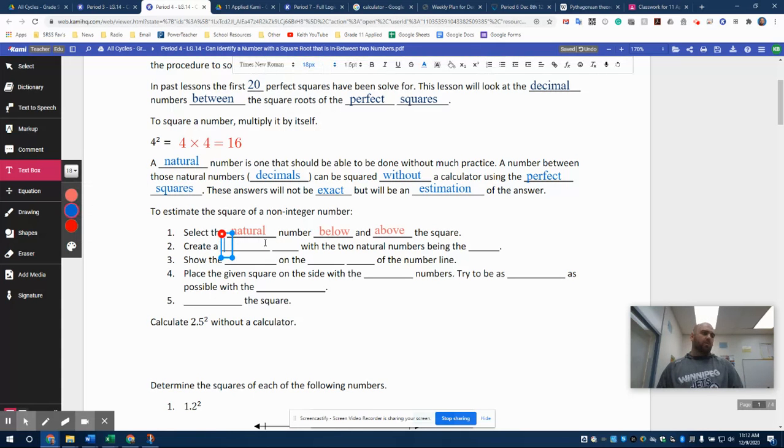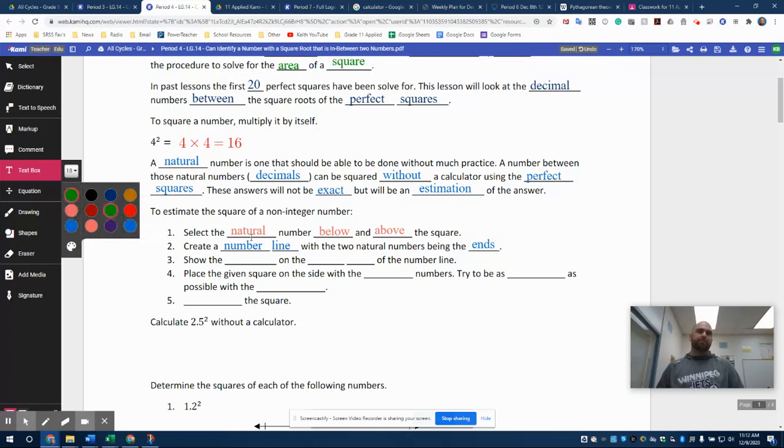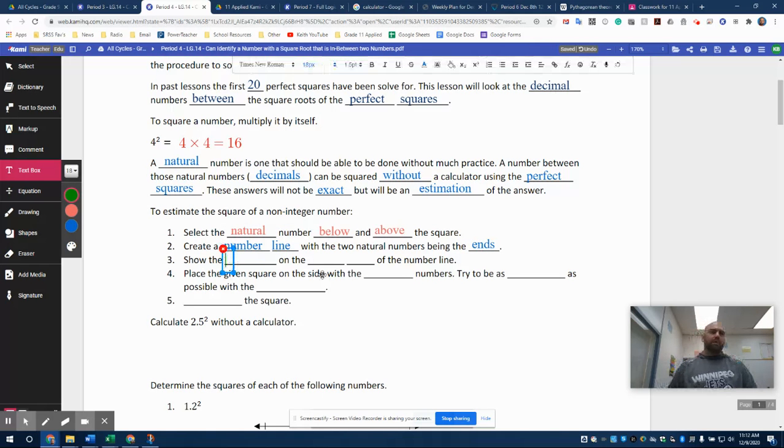Next, we're going to create a number line, with the 2 natural numbers that we chose being the ends. One will be on the top and one will be on the bottom. I'm going to do a little bit of practice with this as well, and we will do some examples.